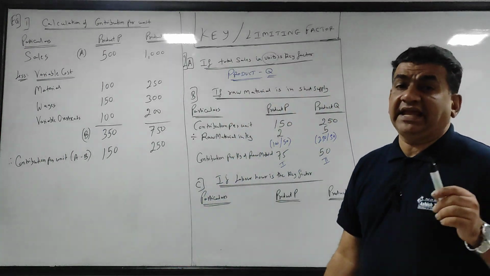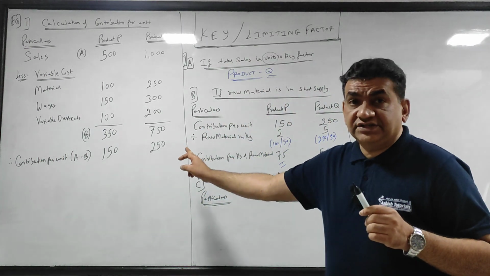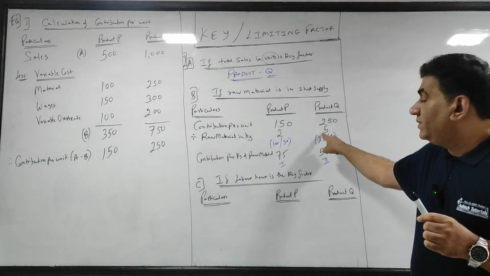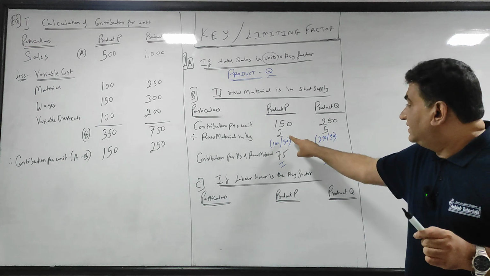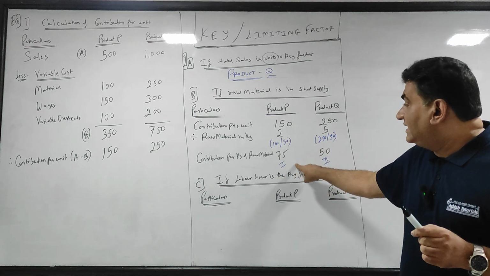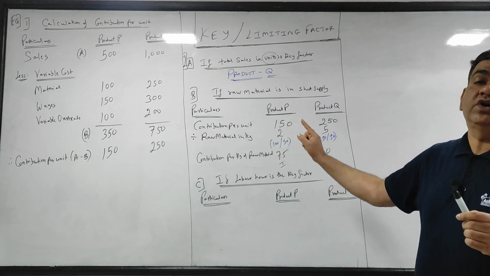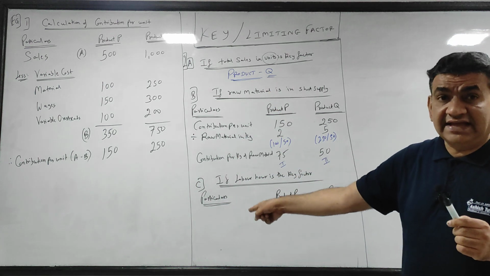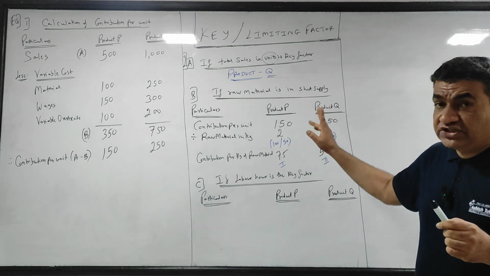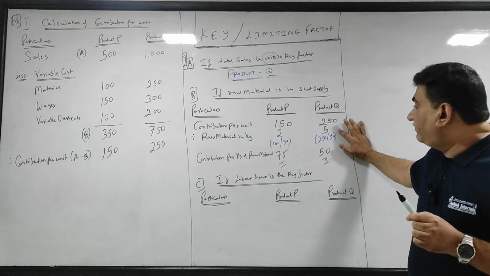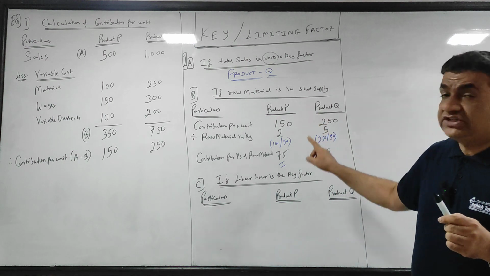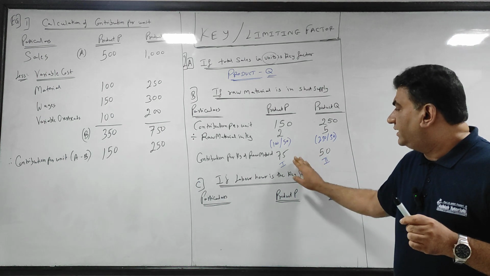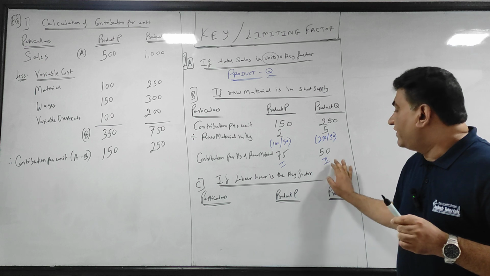Now look, understand this: contribution per unit of Q is higher, but Q uses more material. P uses less material, that is the reason contribution per kg of raw material has increased. Per unit Q is higher, but to manufacture one unit of Q, I need 5 kg of material, and to manufacture one unit of P, I need 2 kg. So 150 divided by 2 is 75, 250 divided by 5 is 50.